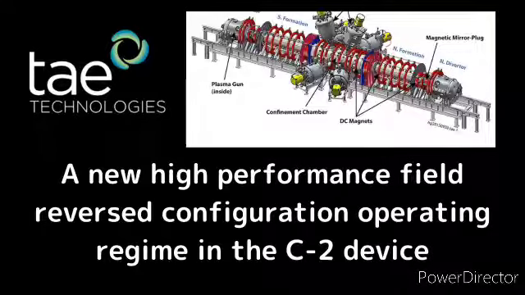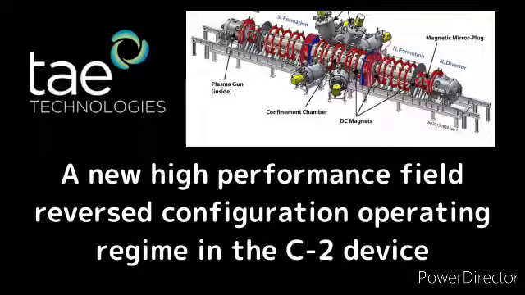Quadrupole stabilization is effective in preventing the FRC elliptical deformation, but it has some negative aspects.